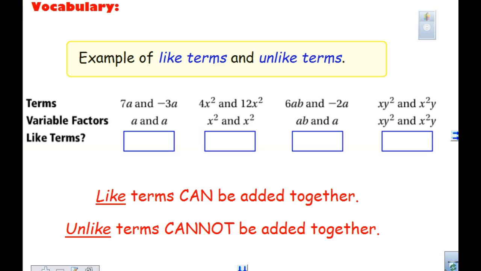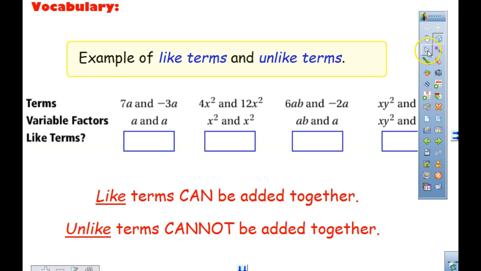Okay? So now we're looking at the like terms. So example of like terms and unlike terms. 7a and negative 3a. Their variable factor is a. Would you say those look alike or not? As we are looking at those. They should be alike, yes.